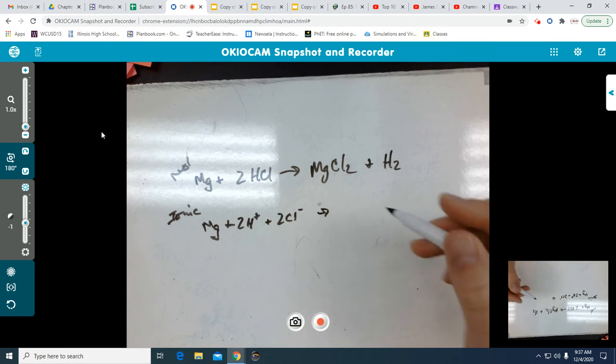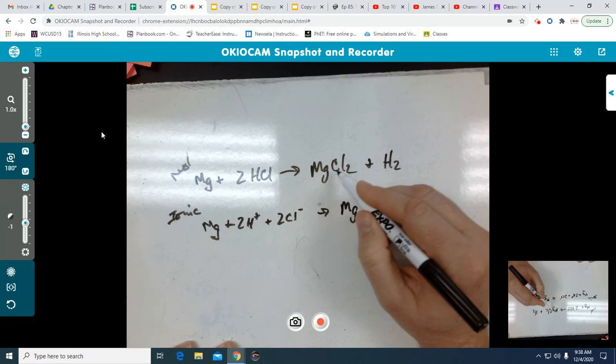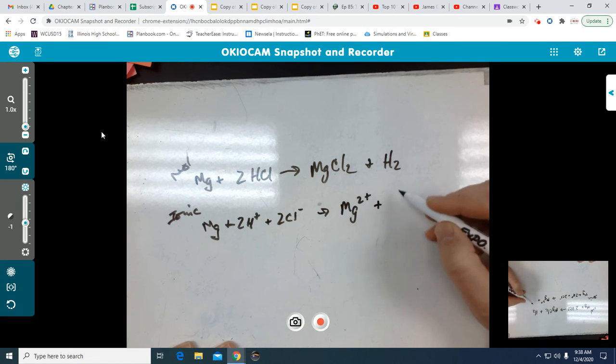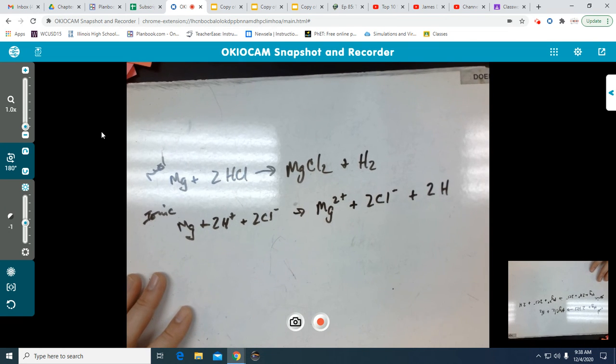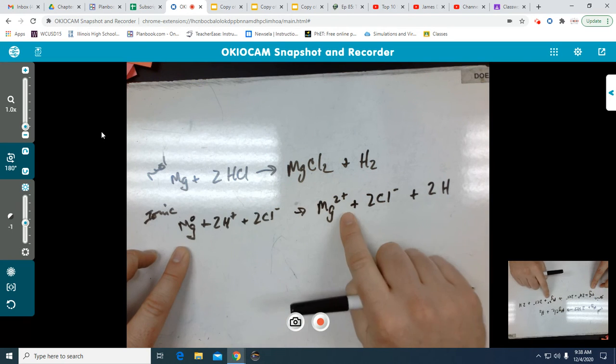Yields Mg2+. Again, magnesium chloride is a strong electrolyte because it's an ionic substance. Plus 2Cl- plus H2. Now we have to identify who the spectator ions are. Magnesium goes from a 0 to a 2+, so it changed.